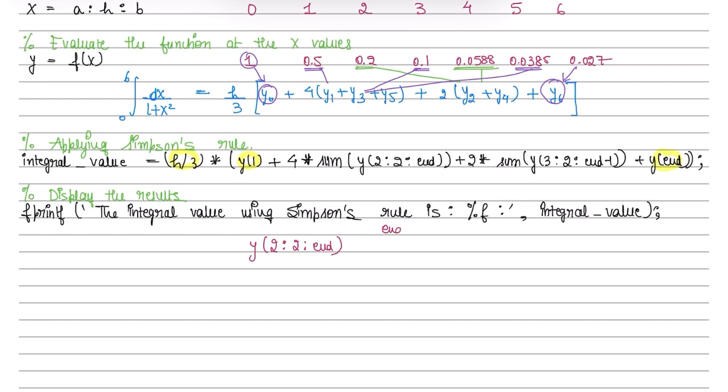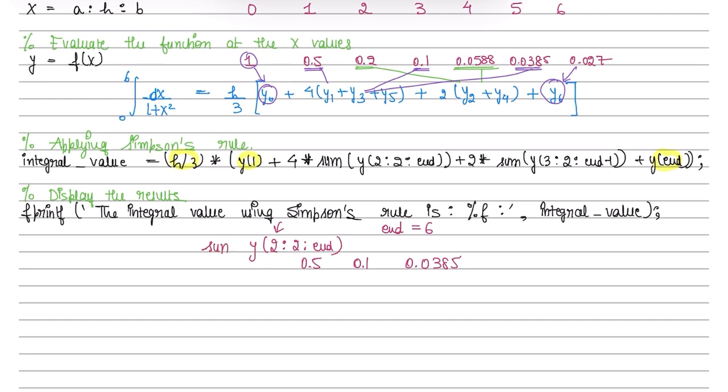Understand that this end value will be 6. Y is a vector here and it will take the second position in that vector, which will be 0.5. With the increment of 2, it will take the next value as 0.1 and the last value as 0.0385.